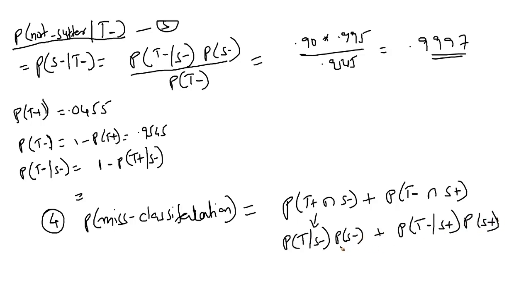So we can substitute the values for s minus, s plus. We already computed this, t plus given s minus here. Yeah, it's actually already given, and this one we already computed. So if you substitute the values, we'll get 0.9975.